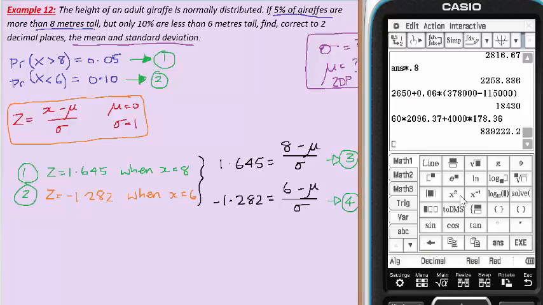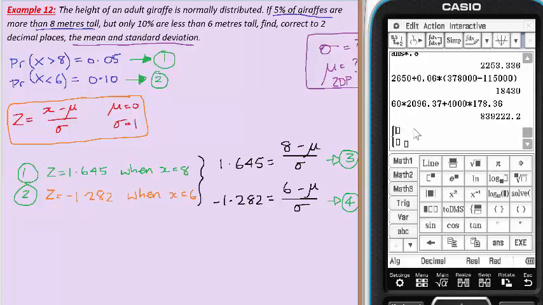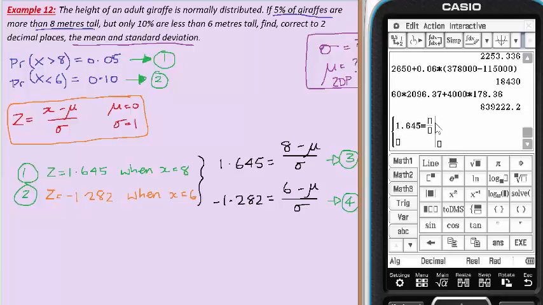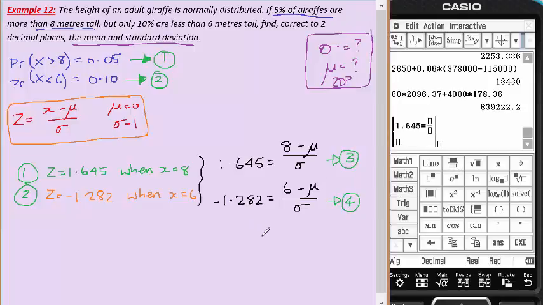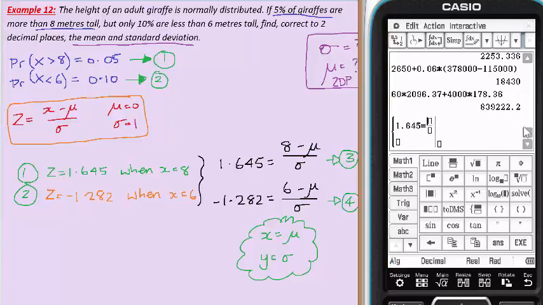I'll hit keyboard and go to my simultaneous equations button and start writing in my information. Remember, it's always nicer if you use your proper fraction button, and you might also want to keep in mind, just for the calculator, that I'm going to use x for mu and y for standard deviation. I'm putting that in a think bubble so I can keep that in mind without the examiner wondering what's going on.